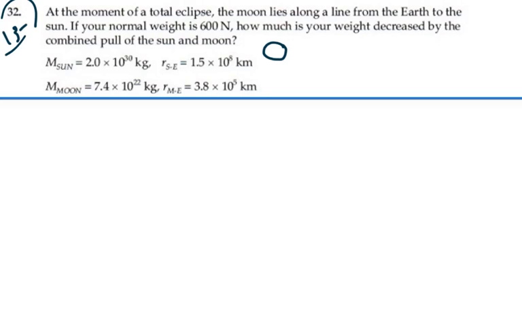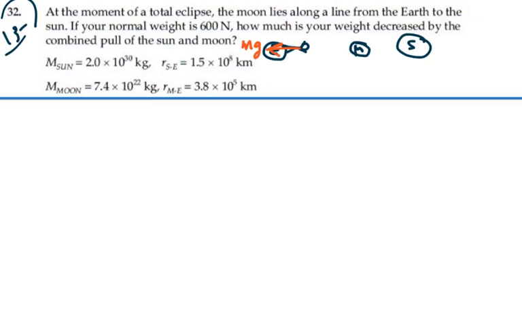So let's say here's the Earth, and you're standing on the Earth, and over here is the Moon, and the Sun. And normally towards the center of the Earth you have the force of your weight, mg, pulling down that way.